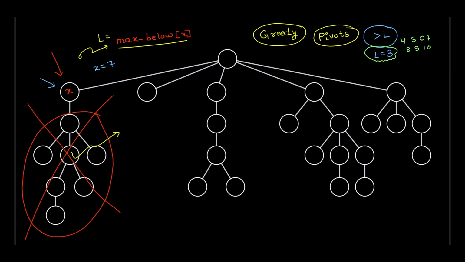So if we can create an environment wherein the maximum exposed leaf is 4 or 5 or 6, then we are good.